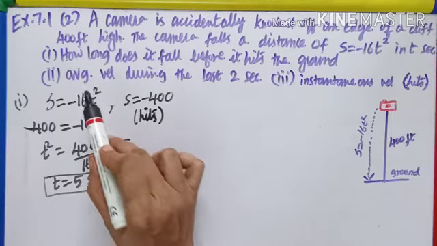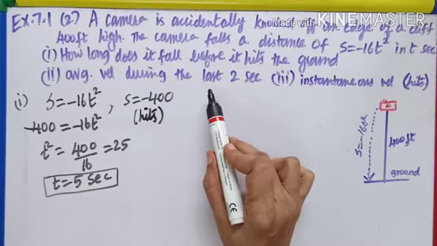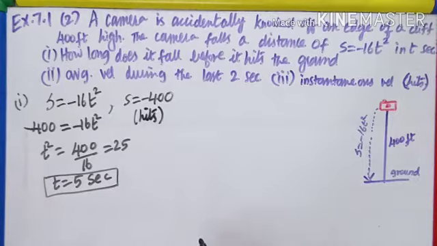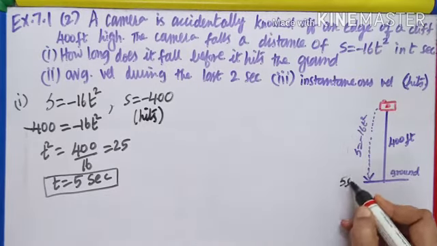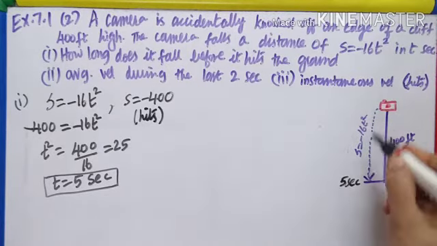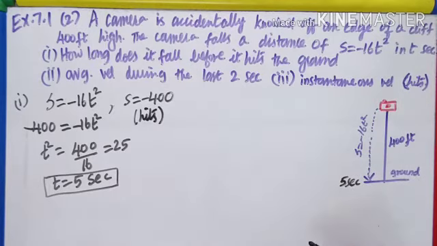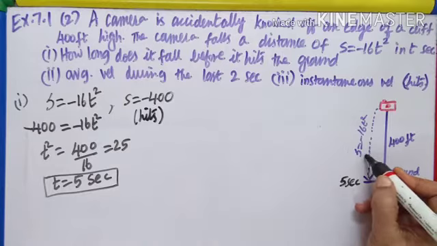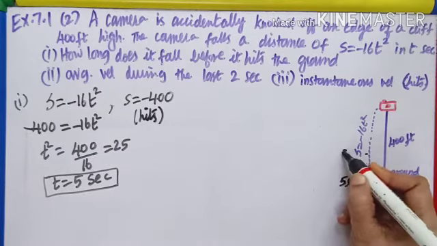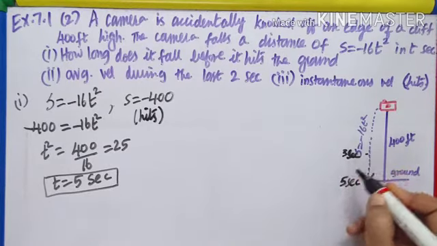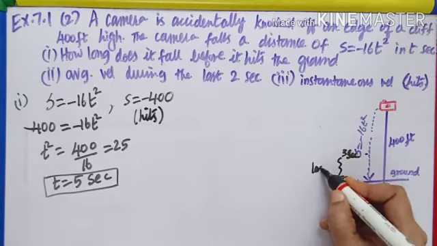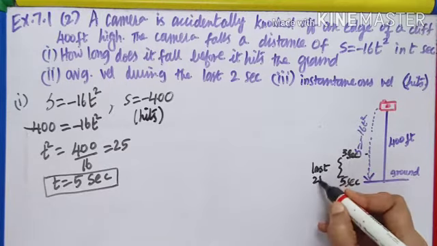Second question, average velocity during the last 2 seconds. In 5 seconds it is on the ground. Then what do you mean by the last 2 seconds? So this will be somewhere here. Let me say it is 3 seconds. So last 2 seconds tell me 3 to 5 seconds.